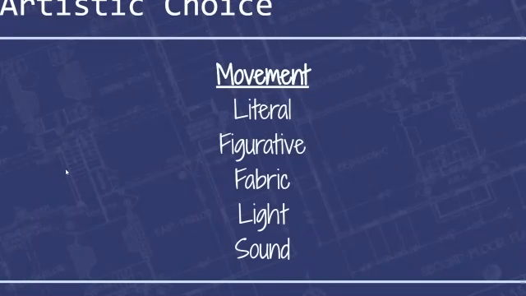If you make part of the set look like it has some flowing waves to it or something, you can give the impression of movement without any actual movement. And the same with lighting and sound, where you can make the environment feel like there's movement without actual physical movement.